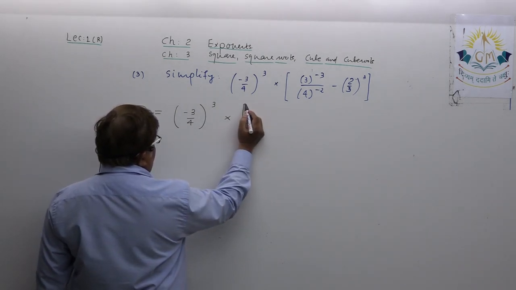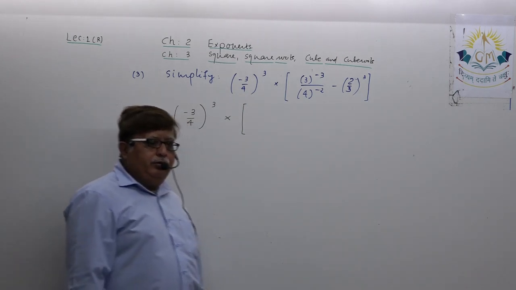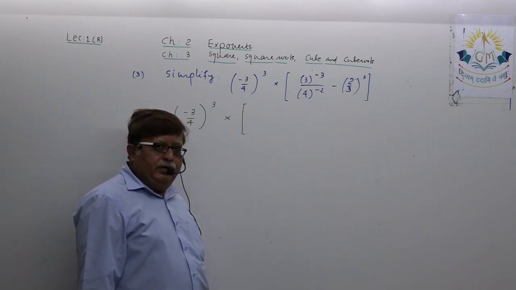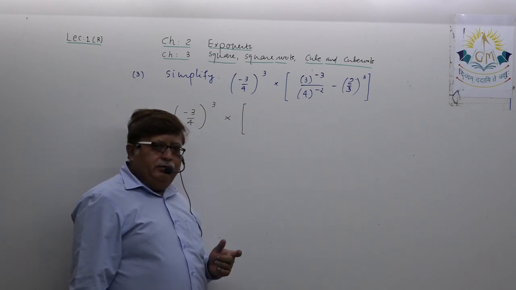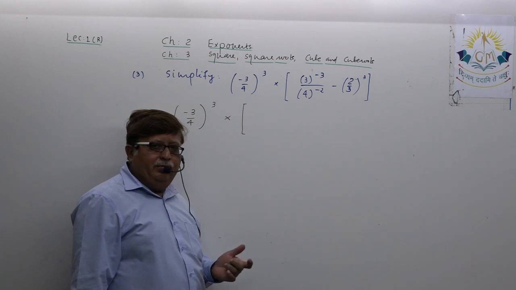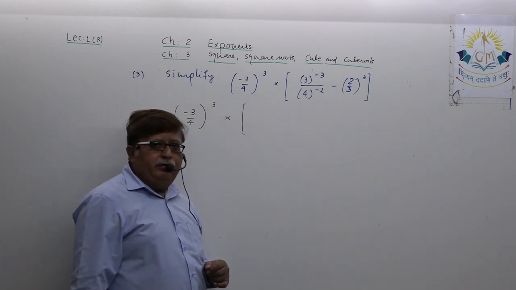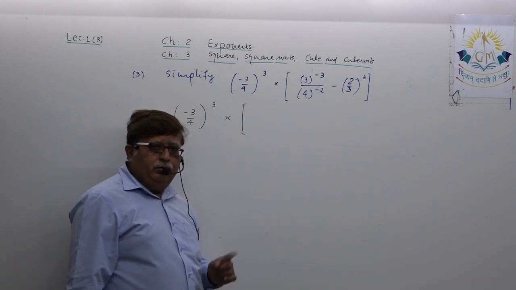Now what is here? I told you that you need to solve the bracket. That means every term inside the bracket needs to be evaluated, and then by taking LCM, because there is a negative sign between the two terms, you have to solve the given bracket.